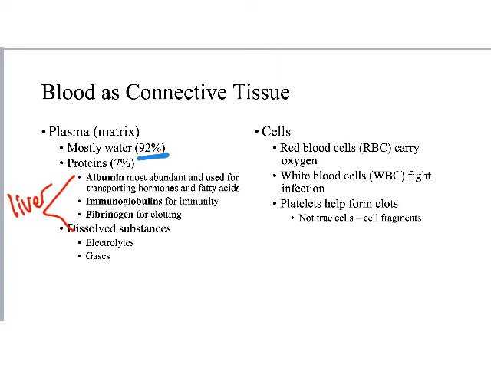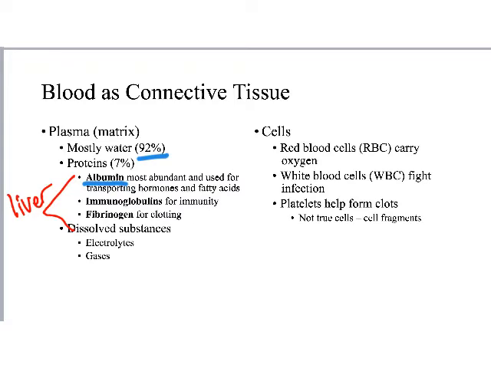So albumin is the most abundant protein in the blood, and it's produced by the liver. And it's used for lots of purposes, but one of the things it's used for is as a carrier molecule to carry things that don't dissolve well in blood, in water.